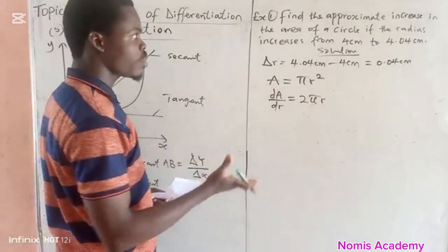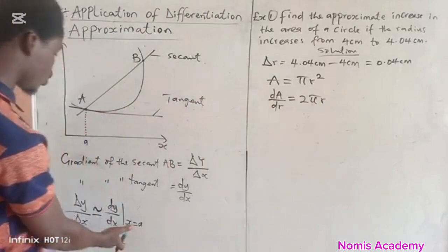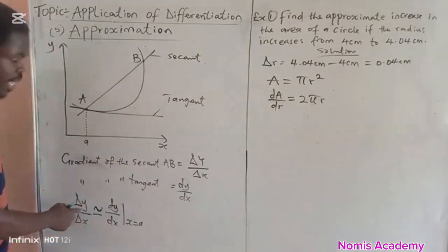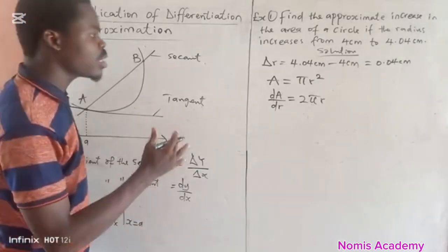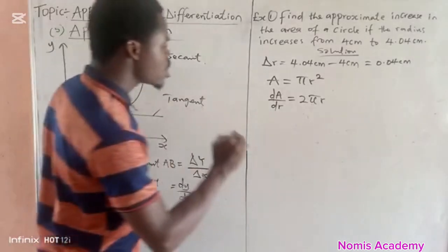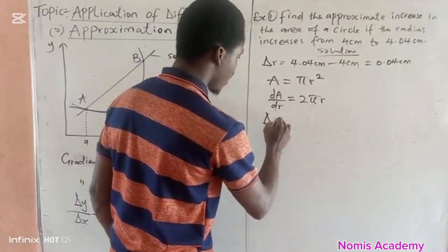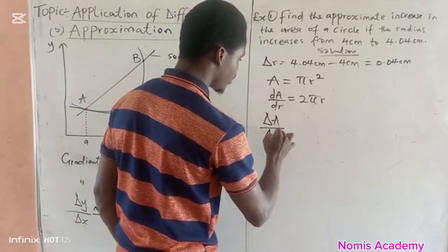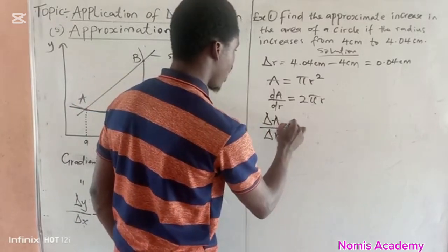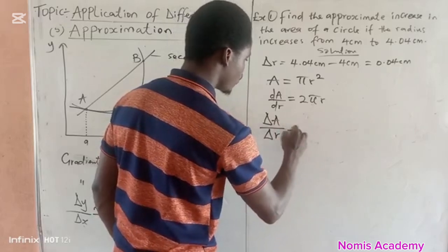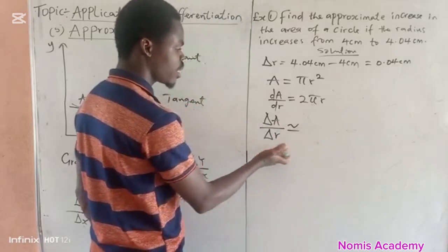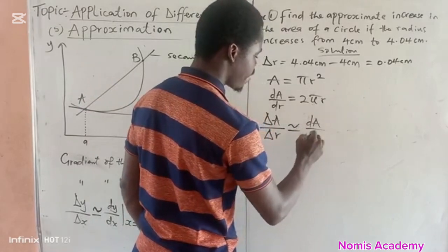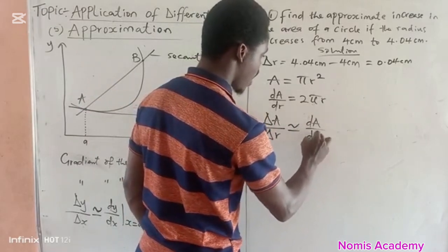Now, from the concept of approximation, in this case, we are going to call it delta A over delta r. So in the concept of approximation, we know that delta A all over delta r is approximately equal to dA all over dr.